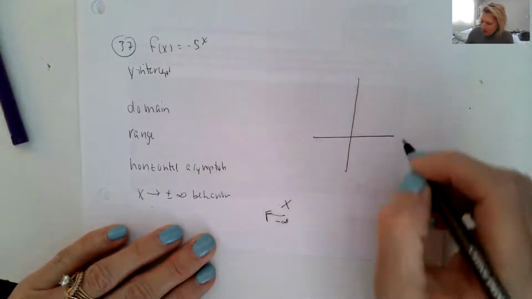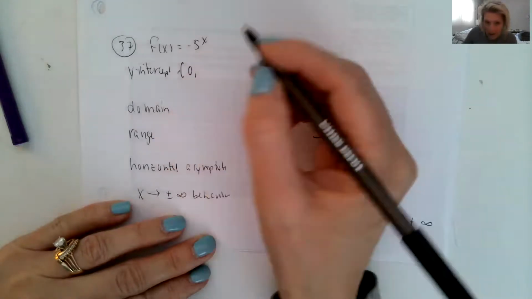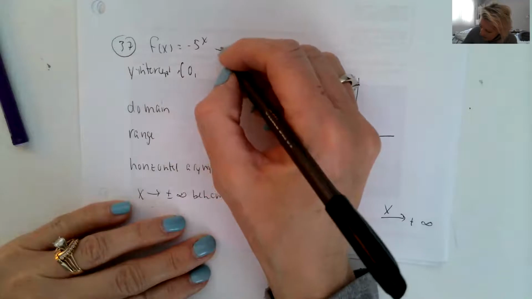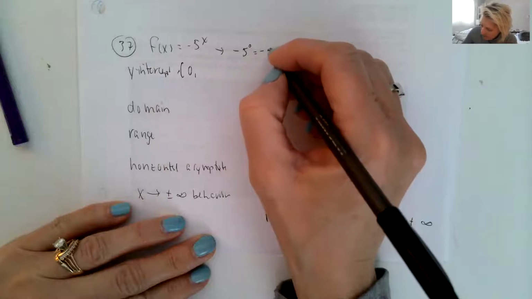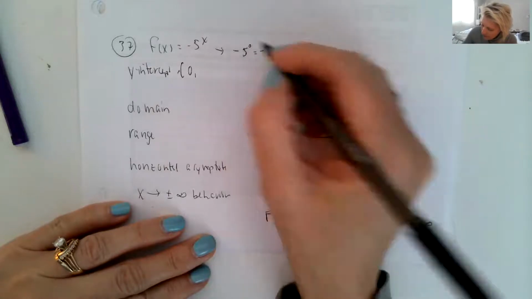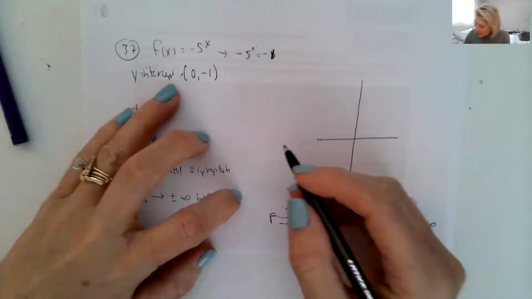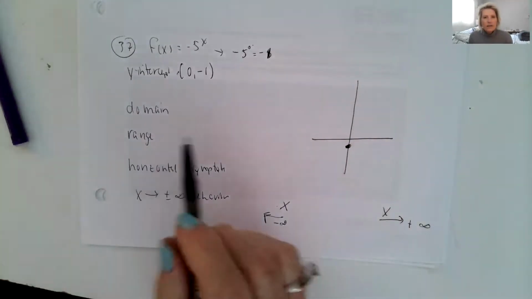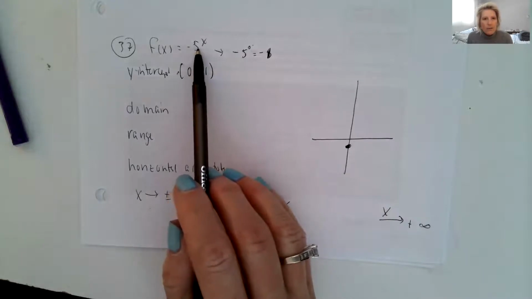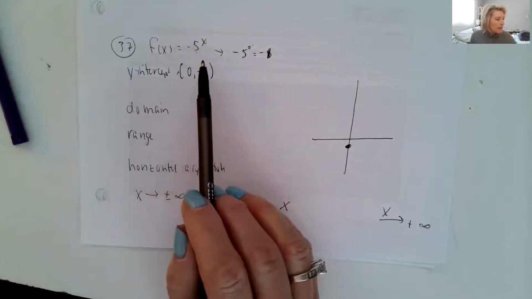Our y-intercept: if we put the 0 in for x, we get negative 5 to the 0, which is negative 1, because 5 to the 0 is 1. So our y-intercept, this is different, isn't it? Our y-intercept is at (0, -1), so it's down here. Our base is 5. It's bigger than 1, so it should be exponential growth. And it is, but it's in a negative direction.